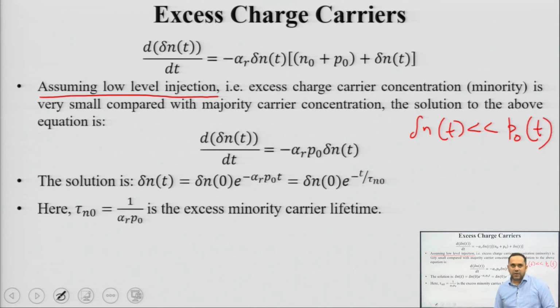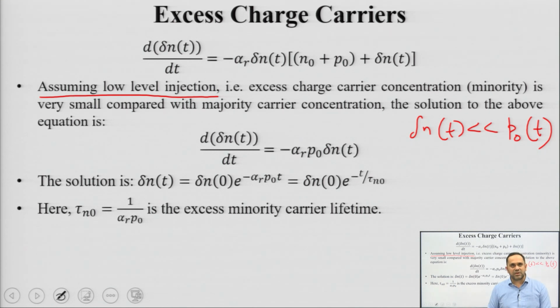So, in percentage terms, whenever excess charge carriers are generated, the actual concentration of minority carriers goes up significantly, but the concentration of majority charge carriers remains almost constant. And these excess minorities are very small as compared to the equilibrium majority concentration. So, this is referred to as the case of low level injection.